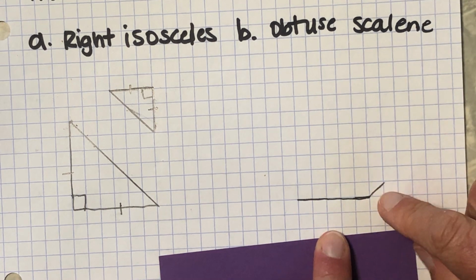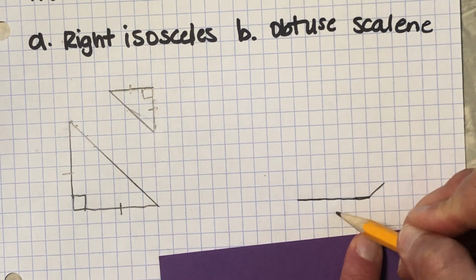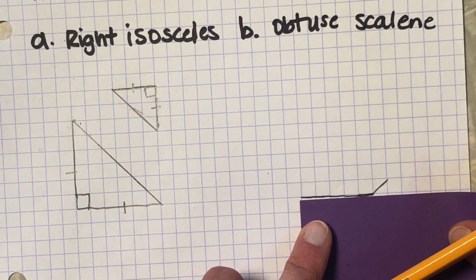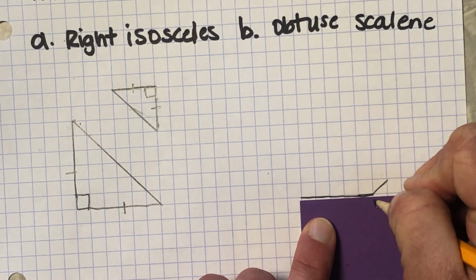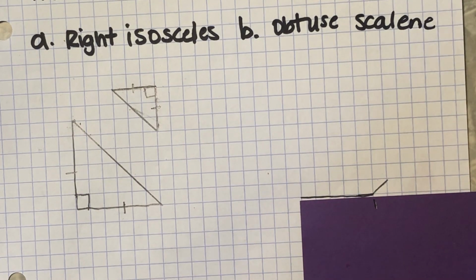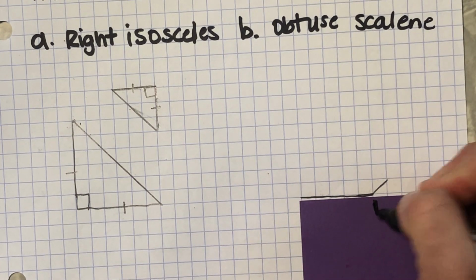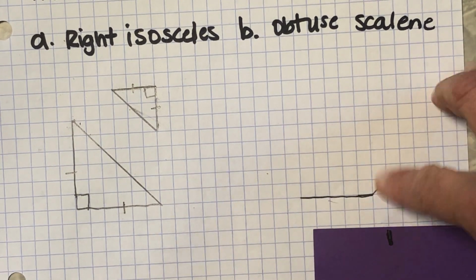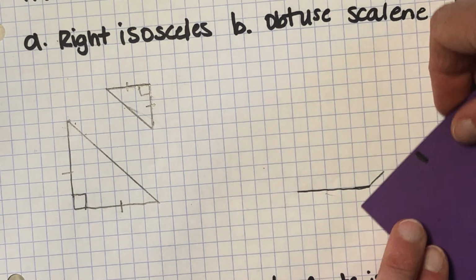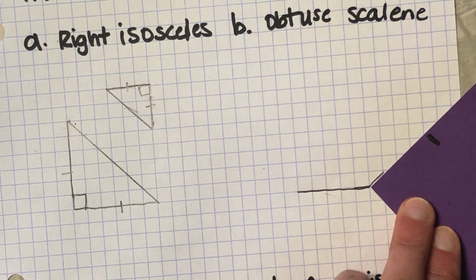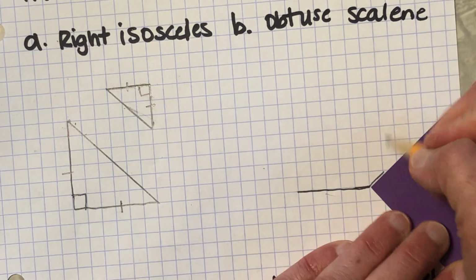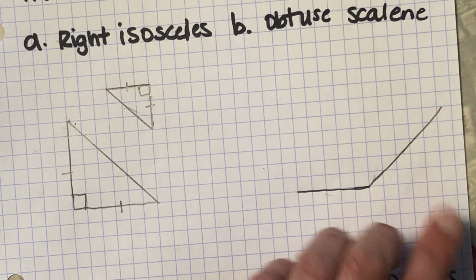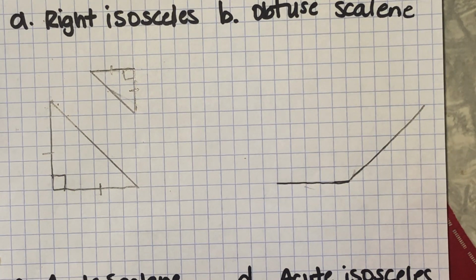And I've got to make this side a different length from this one. So let me go ahead and make myself a cool little measuring tool. It's hard for you guys to see, I know. Put that on there. So this side has to be a different length from this one. So I'm going to make it a little bit longer, I think. I'm not making an isosceles, I'm making a scalene. So I've got to have sides that are different lengths.